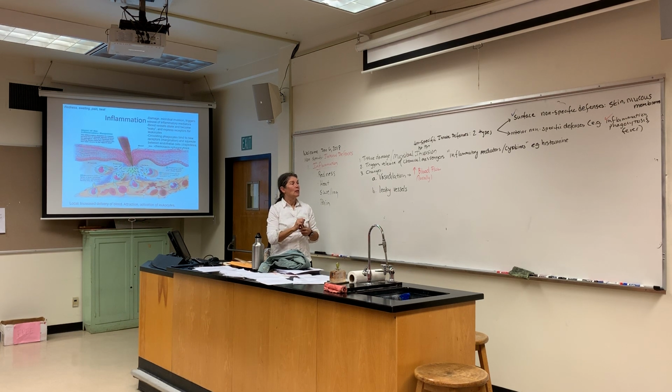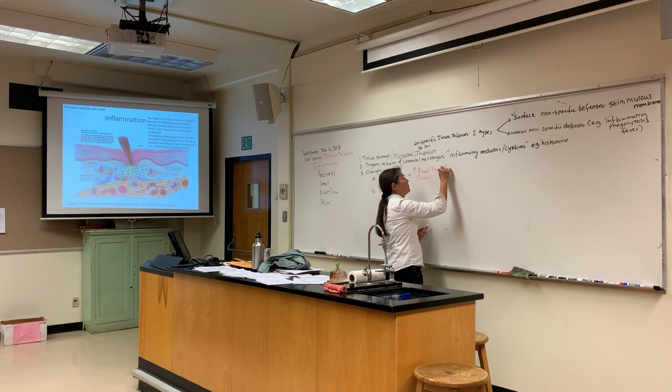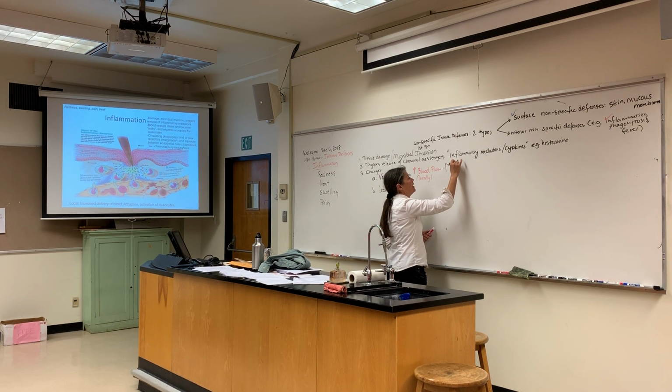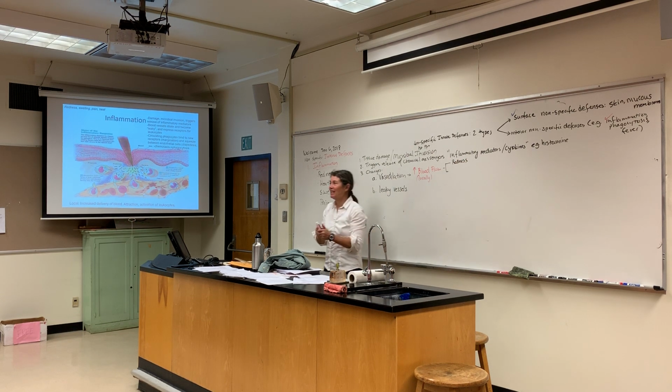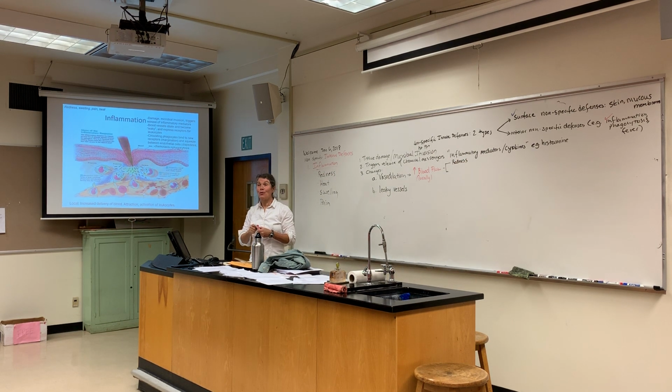So the increased blood flow, what color is blood? It's red, right? So it's the increased blood flow that already is contributing to that redness. And what's the temperature of blood compared to the outside air? It's warm, right? So the increased blood flow is responsible for what other sign? Heat, yeah.